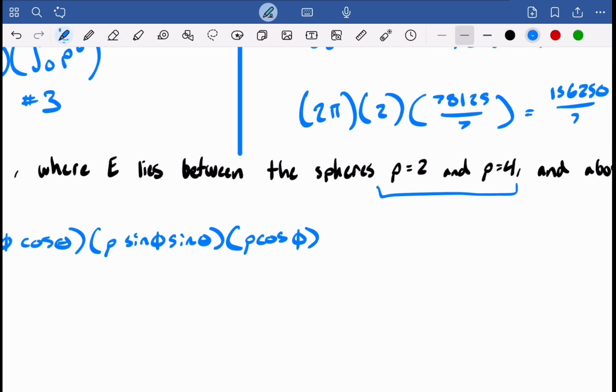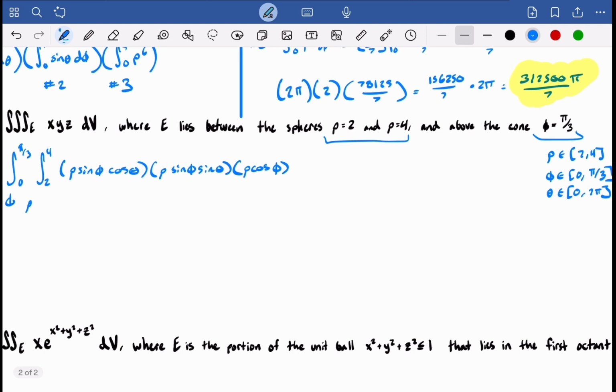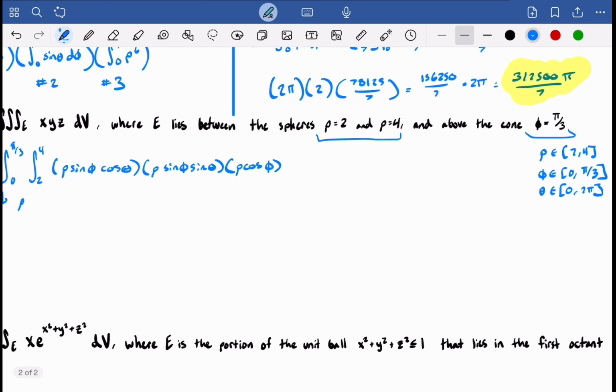This is for translating a simple xyz. We simply put in those. And now we're going to add in our dv, which is rho squared sine phi d rho d phi d theta.